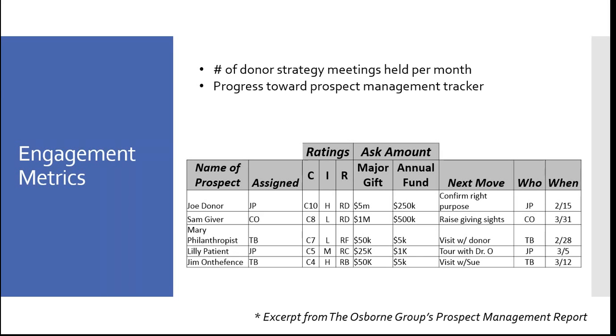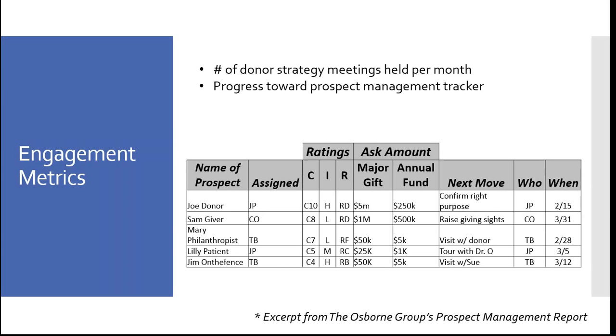So one of the metrics you might look at is the number of donor strategy meetings that you're holding per month. Too often we don't take the time to have strategy meetings with our teams. We tend to have management meetings, team meetings that are focused on activities, on tasks, on to-do lists, but we don't have enough donor strategy meetings.